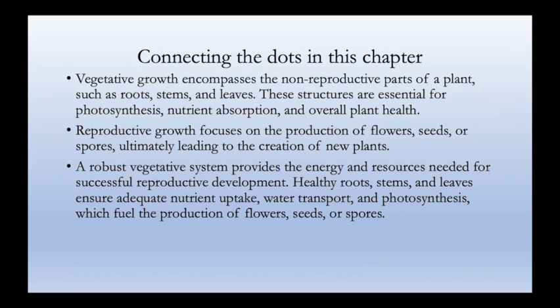You need to grow a healthy plant to have healthy fruit and flowers. The reproductive focuses just on the production of flowers, seeds, spores, or fruit that leads to the creation of a new plant. And when there's cross-pollination, you get more variety. When the plants self-pollinate, you get less variety.